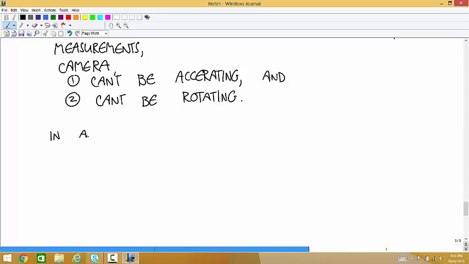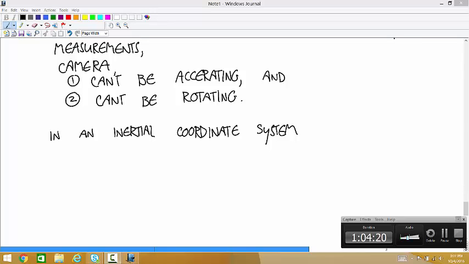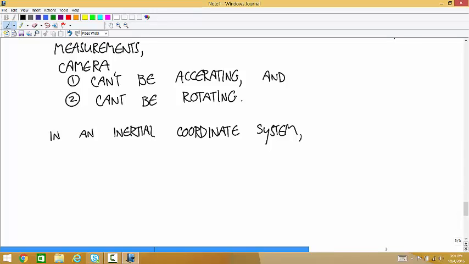In an inertial coordinate system, you can think of forces as being defined by this equation.